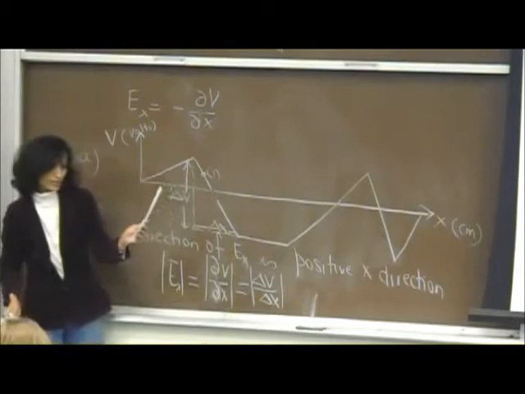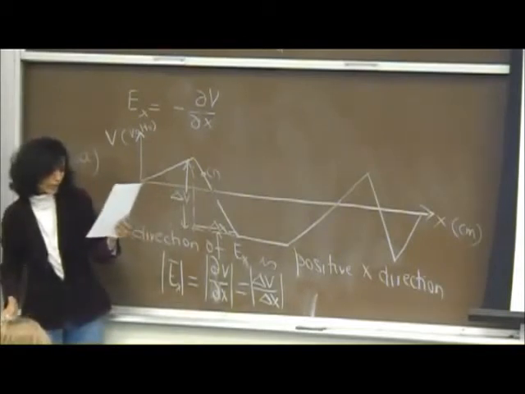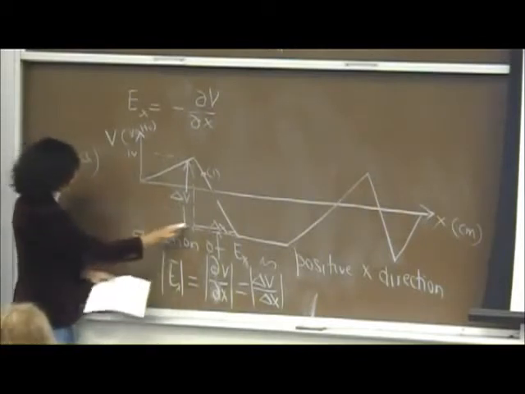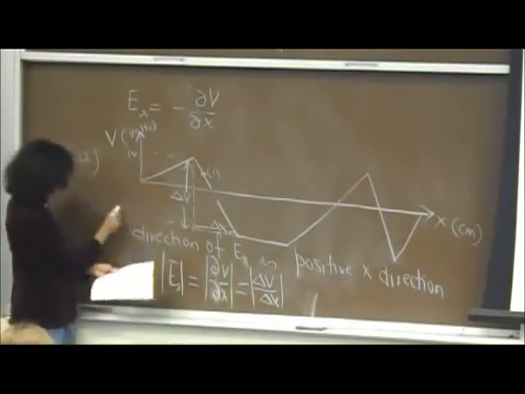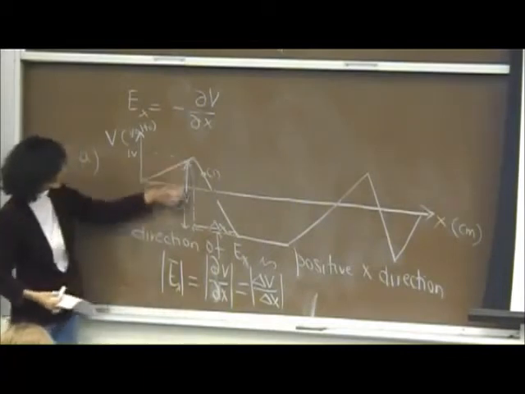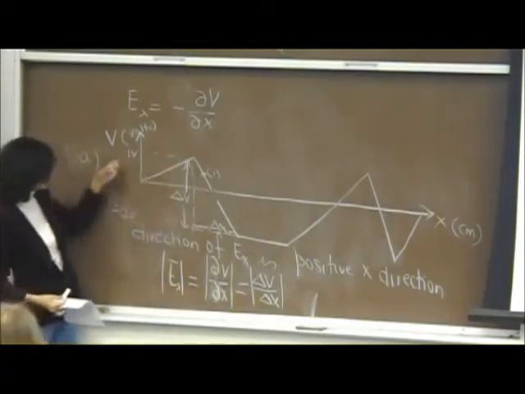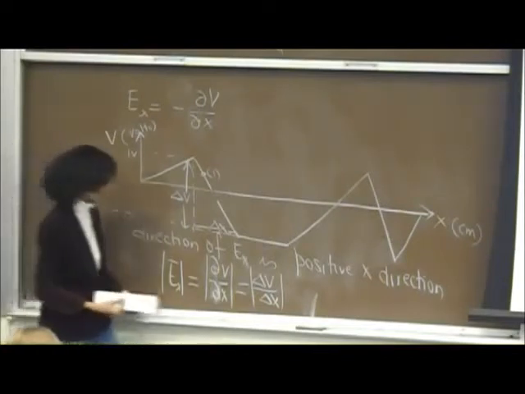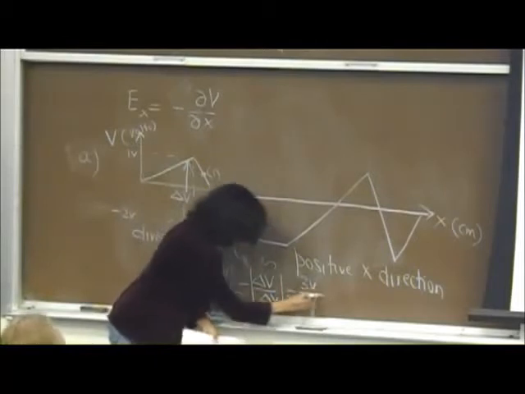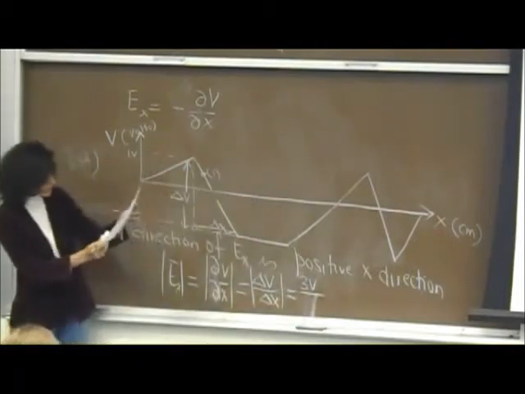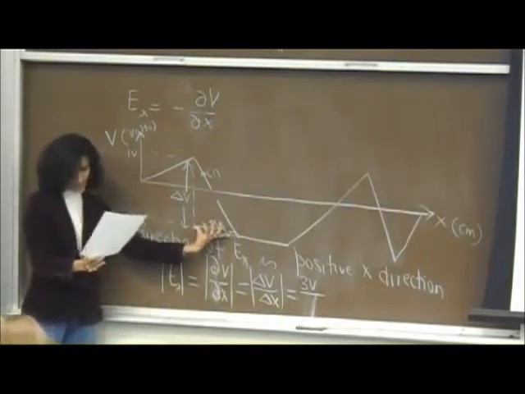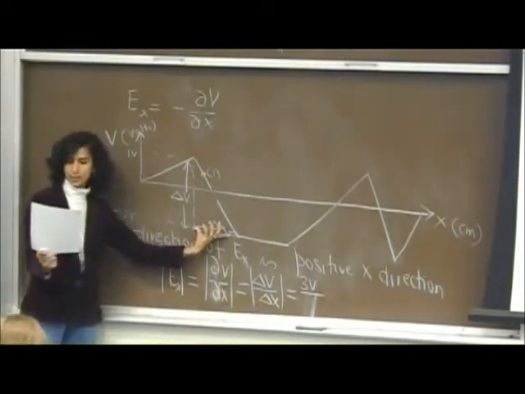Look at your graph here. You will see that this point here says plus 1 volt. This point here says minus 2 volt. So what is delta V, folks? 1 and then 2 and then 3. Isn't it 3 volt? Good. So this is 3 volt. And in the denominator, delta x seems to be 1 centimeter.